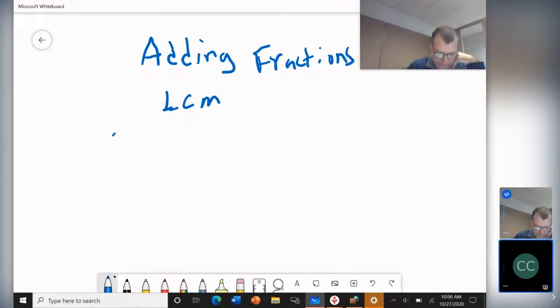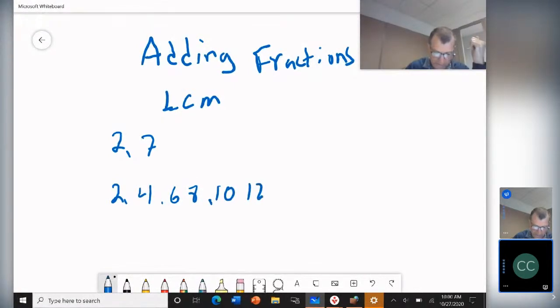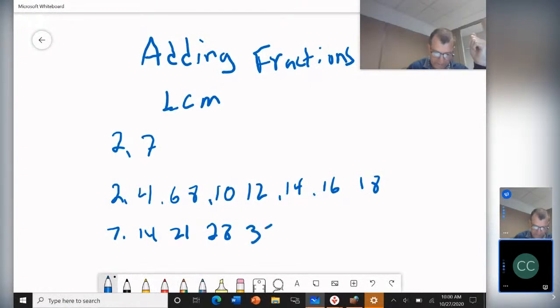If we have 2 and 7, we need to find the least common multiple. For 2, we do 2, 4, 6, 8, 10, 12, 14, 16, 18. 7 would be 7, 14, 21, 28, 35, 42, 56, 63.